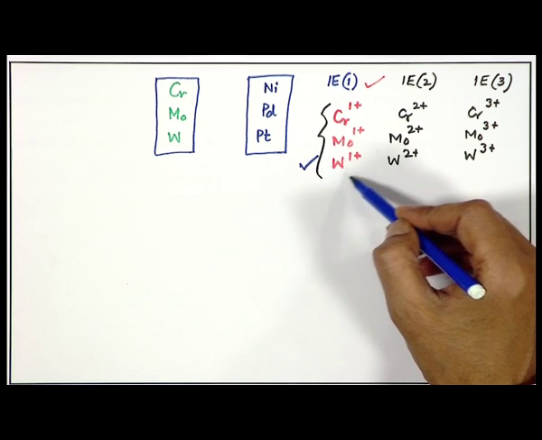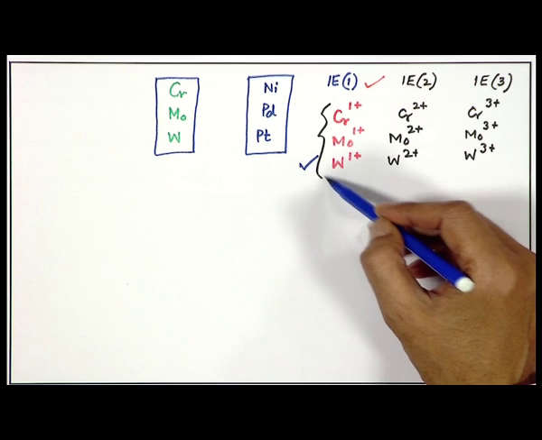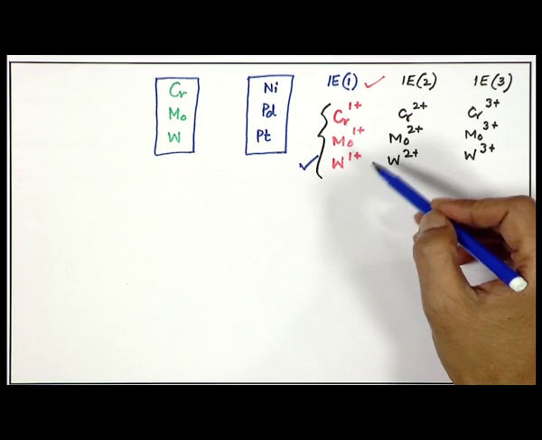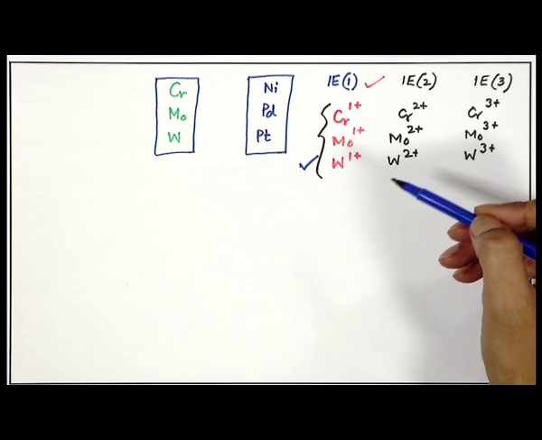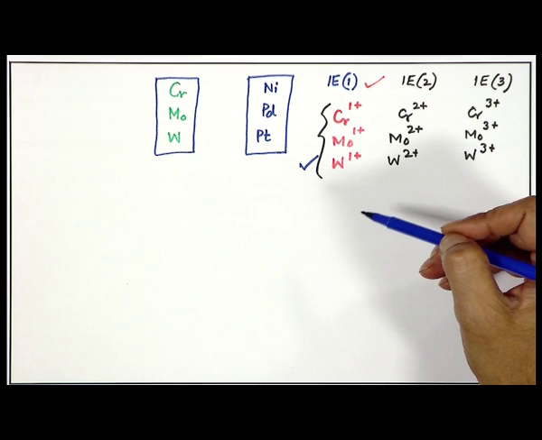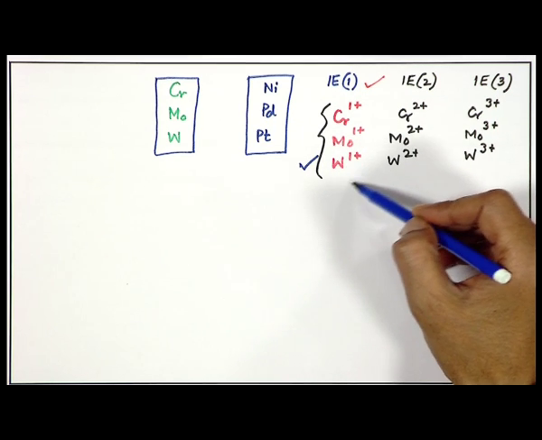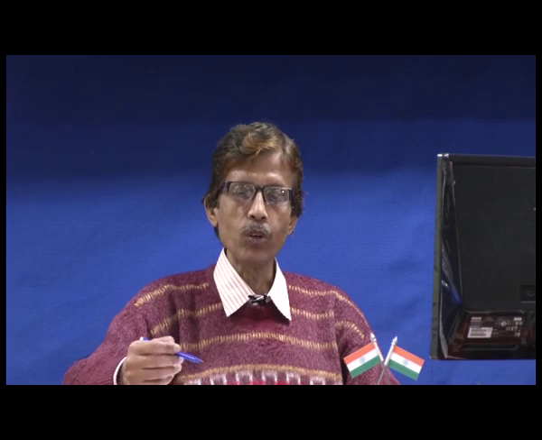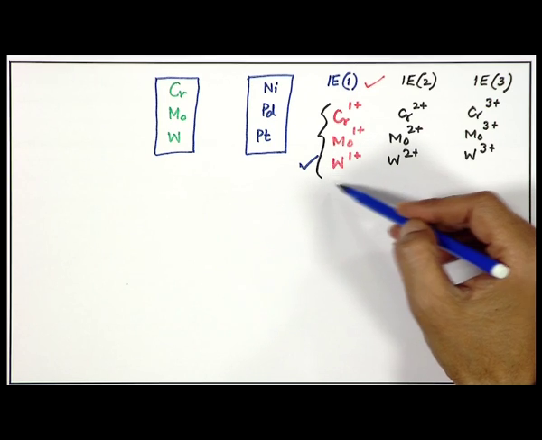Compared to chromium and molybdenum, tungsten is a post-lanthanoid element. For the post-lanthanoid elements, there is a lanthanide contraction: the size is a little bit less and the nuclear charge has increased enormously, particularly with the 14 units added by those lanthanide elements. So the nuclear charge is effectively contracting the size.